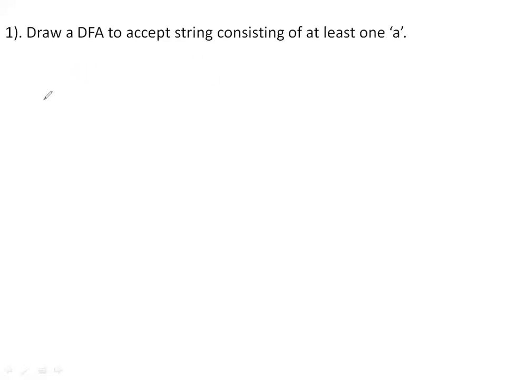From the previous session, we had a note: if you have a minimum string like AB, which is the minimum string I want my DFA to accept, what is the length of this particular string? Instead of mentioning the number of alphabets, I would like to mention the length of the string. It is 2, right? So we are considering this 2 as n. The length is equal to 2 and I am considering it as n.